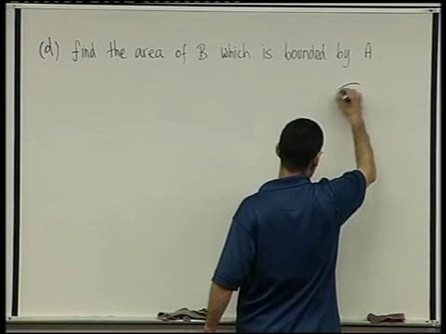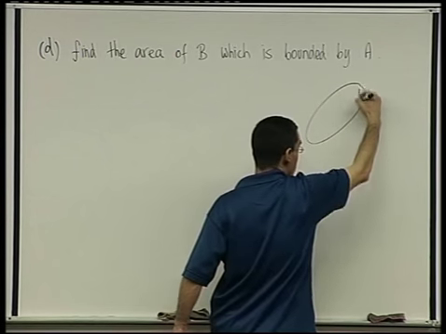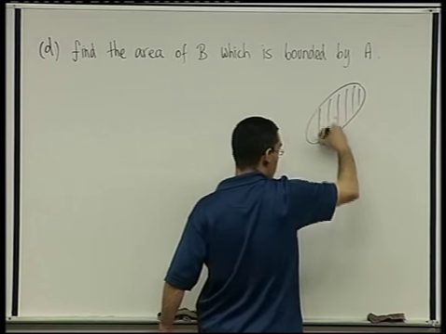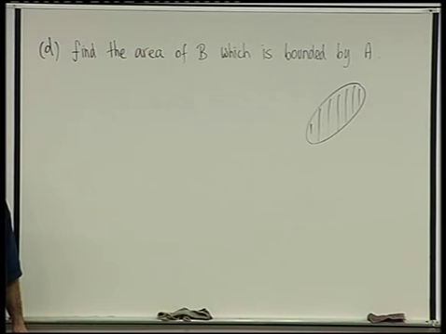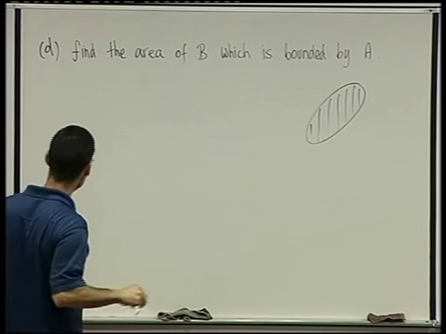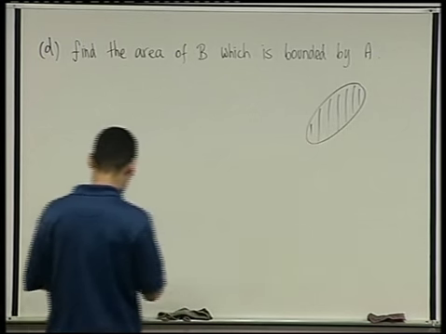And what we want now is, again, not the length of the curve, but rather the area of this surface. Right? Clear? Everybody? Okay. So find the area of B, which is bounded by A. So this is the area we're looking for.